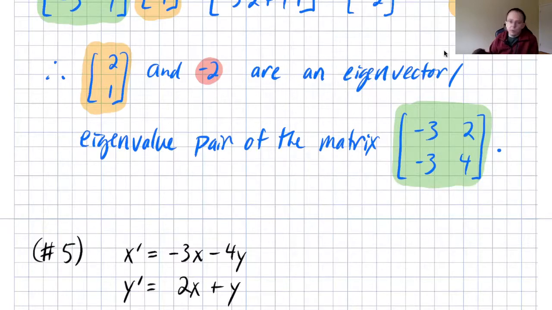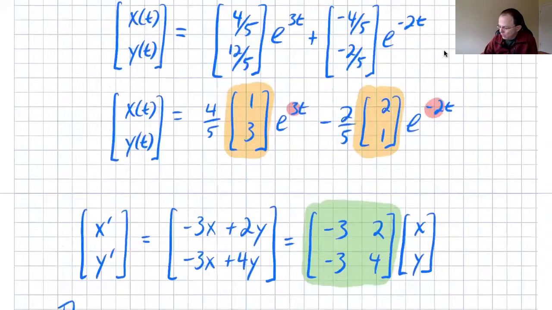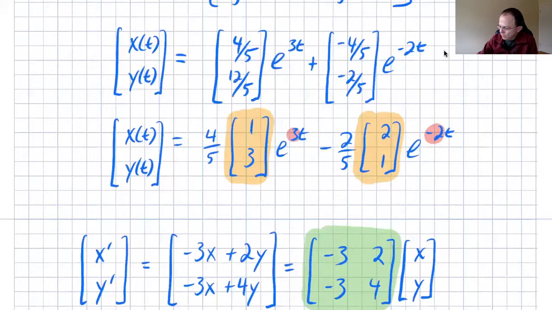You literally just put in this 2x2 matrix, you say, give me the eigenvalues and eigenvectors, and you're done. You have the final solution right here. That would immediately give you this final solution, except you still need to calculate this 4/5 and -2/5, which come from the initial values.